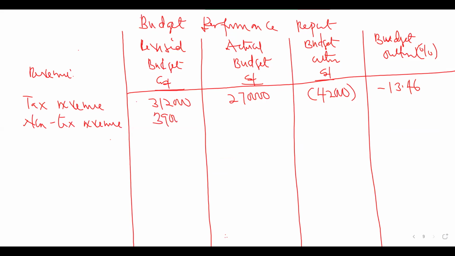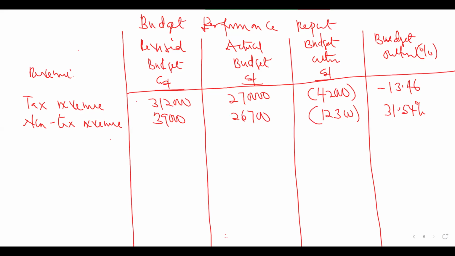And the actual was 26,700. What is the difference? 12,300. What will be the outturn? 31.54%.